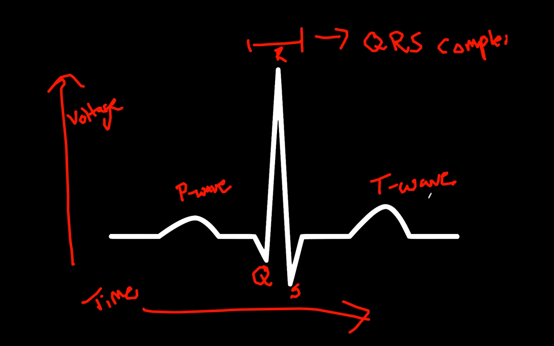The P wave, over here, is your atria depolarizing. That's the very first thing. It's a very initial, large electrical event that's going to happen during the course of your heart contraction.